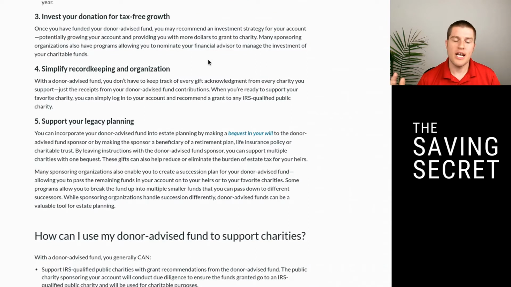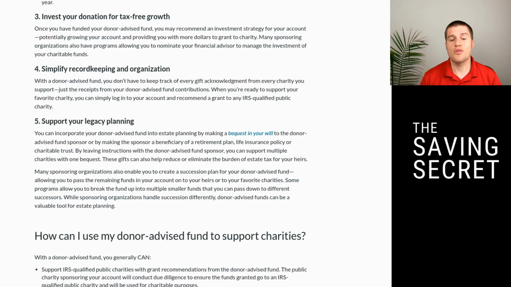Another huge benefit that I haven't mentioned already is simplifying the record keeping. If you donate to several different charities, when it comes to tax time, you're trying to get all those different tax forms from those different charitable contributions. Well, since the IRS recognizes the charitable contribution when you donate into your DAF account, you won't have to worry about collecting how much you've donated to those specific organizations for tax purposes.